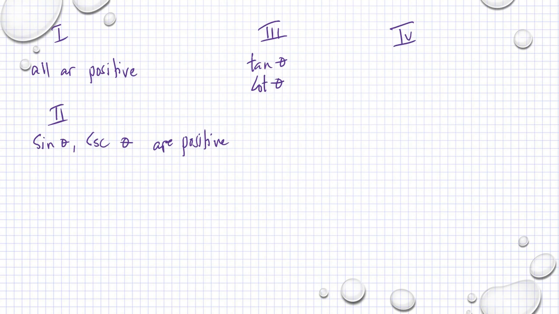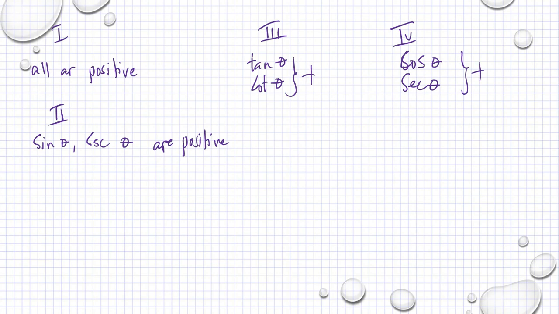For the fourth quadrant, we have only cosine theta and, what's the other? Secant theta. So these are positive, the rest are negative.